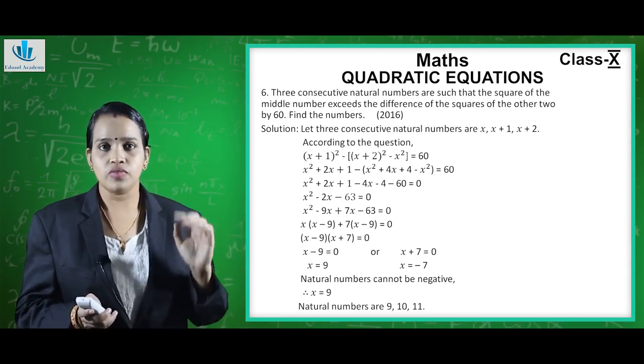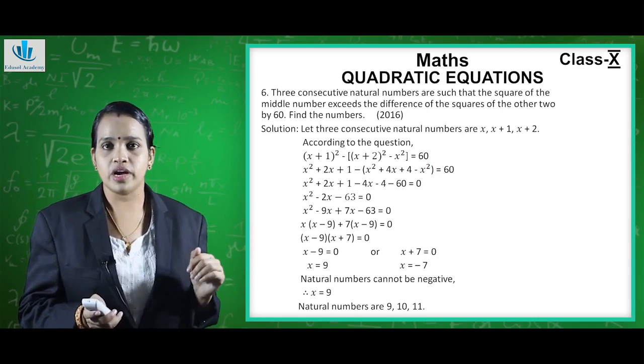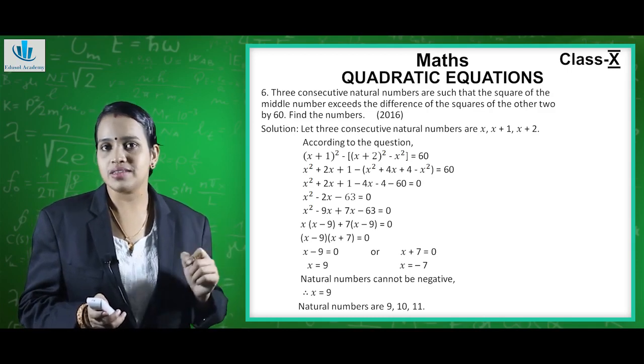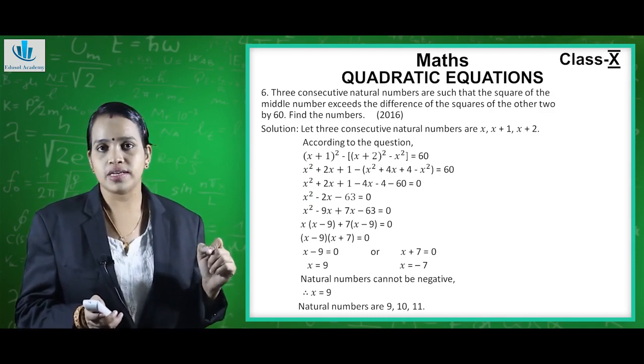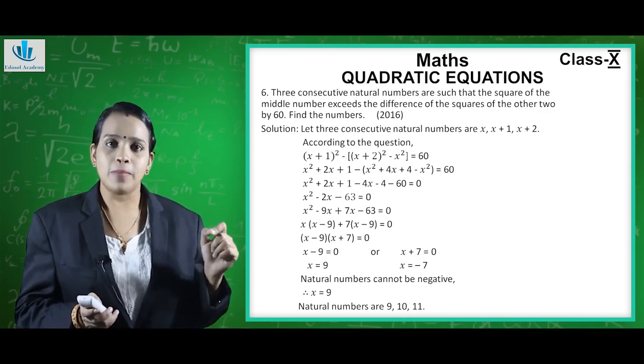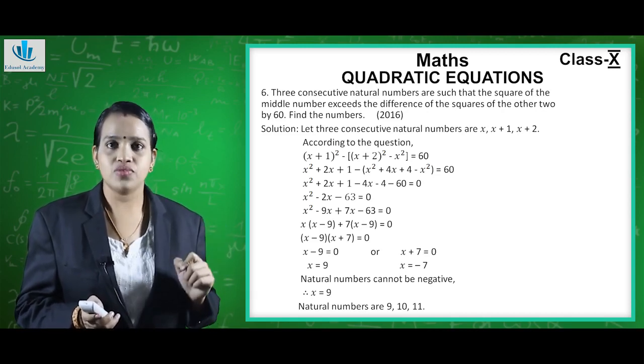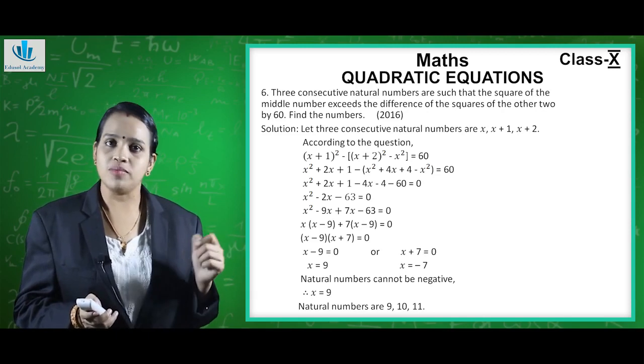Now we will open the bracket, so it becomes x raised to 2 plus 2x plus 1. Here we will open the bracket by changing the sign. So x square becomes minus x square, plus 4x becomes minus 4x, plus 4 becomes minus 4, minus x square becomes plus x square.